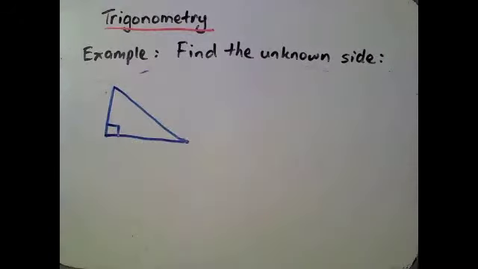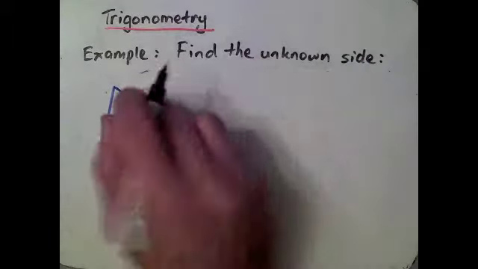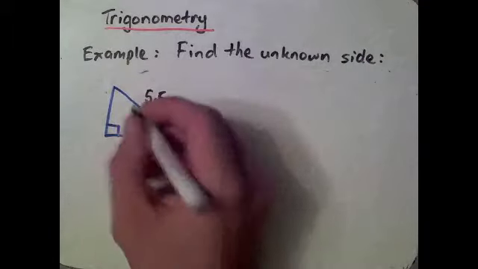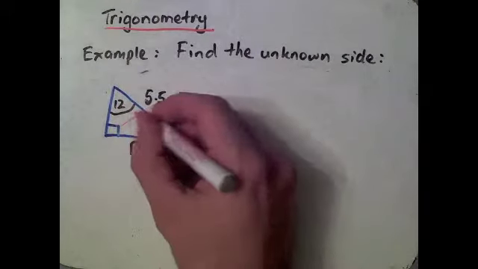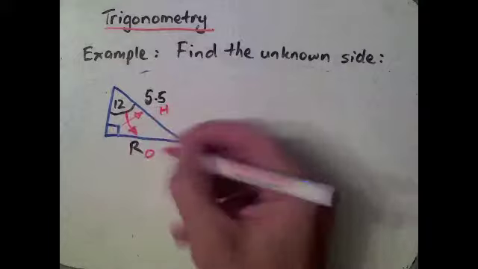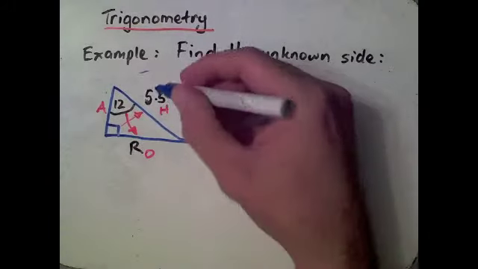Remembering those steps, let's look at another example here. Remembering we've got to label the triangle O, H and A. We've got 5.5, 12 degrees, and we've got our unknown R. So there is the H side, that's the O side, this is the A side.